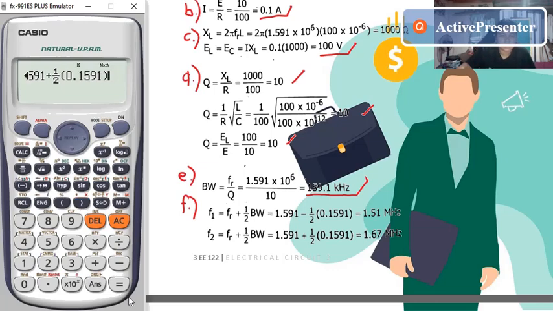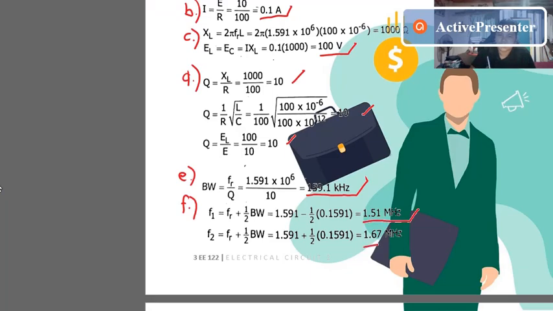So our higher cutoff is 1.67 megahertz. And for the lower, we have 1.51 megahertz, with the sign changed to negative. So the higher is 1.67 megahertz. So this will be our final answer.